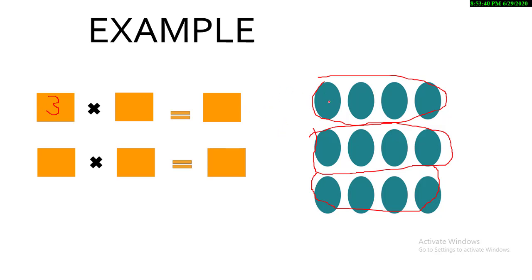So let's count it. 1 2 3 4. How many items are there in each group? 4. So what you can do, now you are going to find what equals, meaning how many total your answer is.